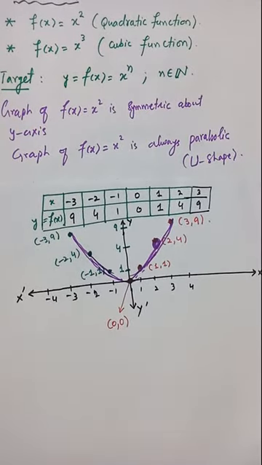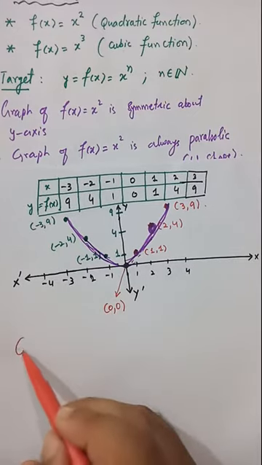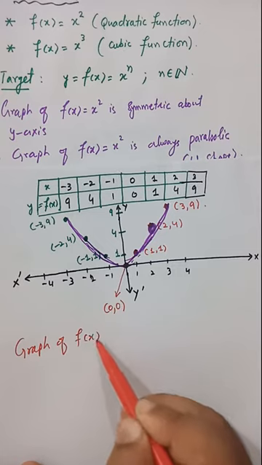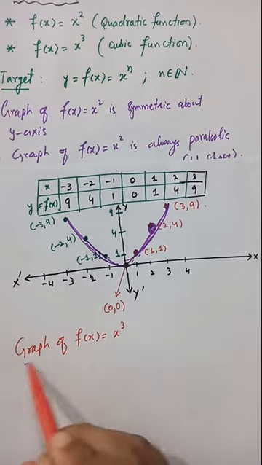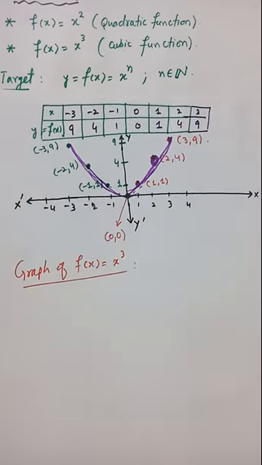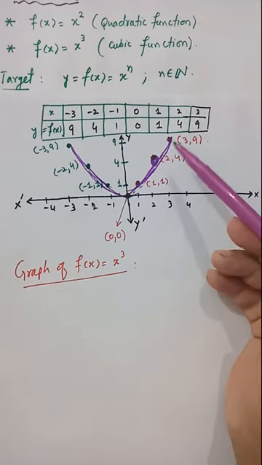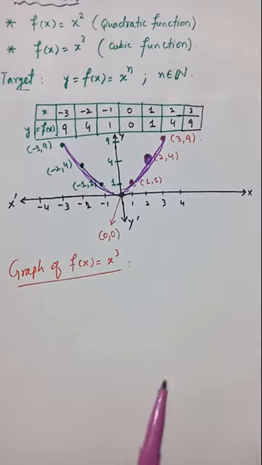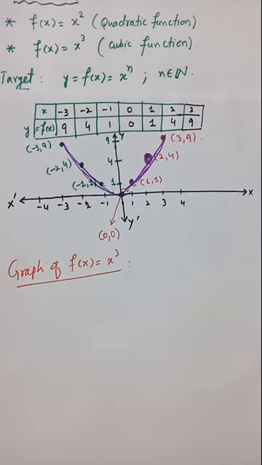Now the graph of f of x is equal to x square. This is also a non-linear function. So you see this is symmetric about the y-axis, meaning the y-axis splits this into two same portions, same curves.